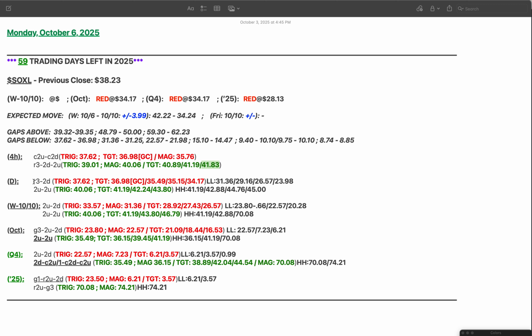From the day perspective, like we talked about, this needs to be a red 3. To the downside would be a red 3, 2 down, triggering at 37.62, having targets of 36.98, which is that gap close, 35.49, 35.15, and 34.17.